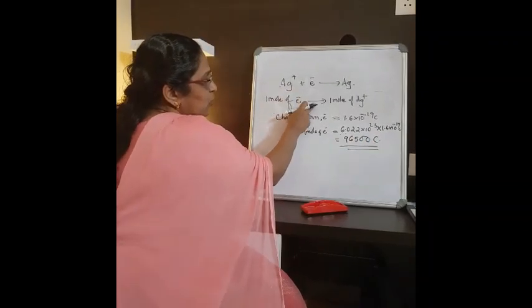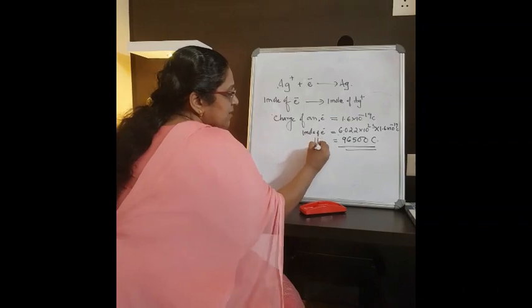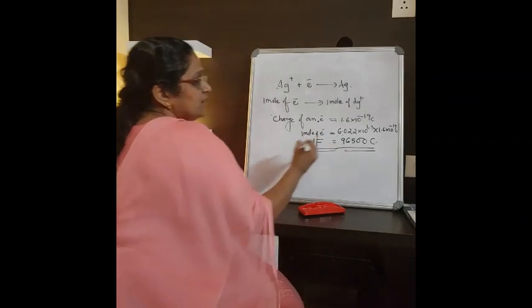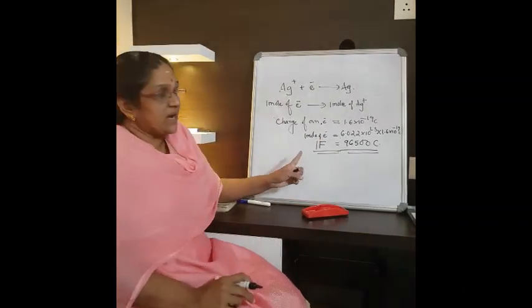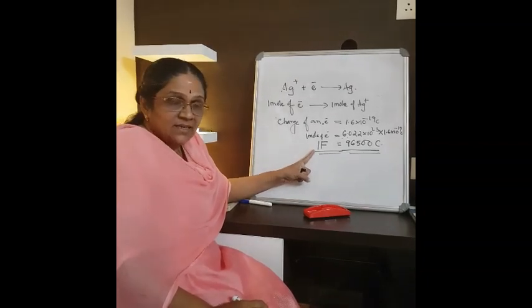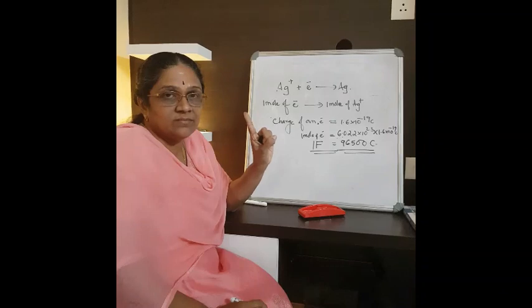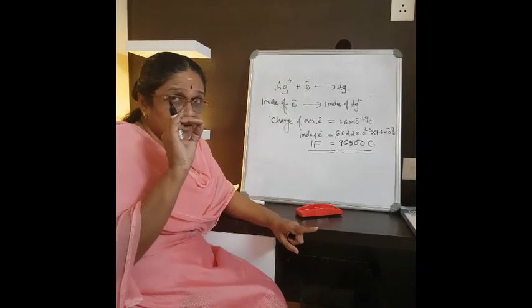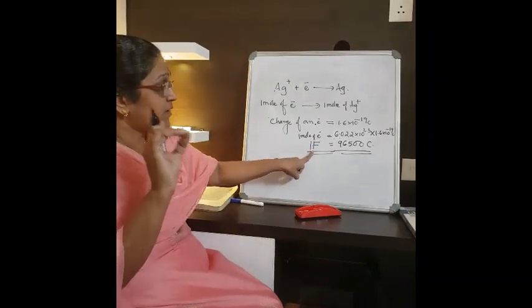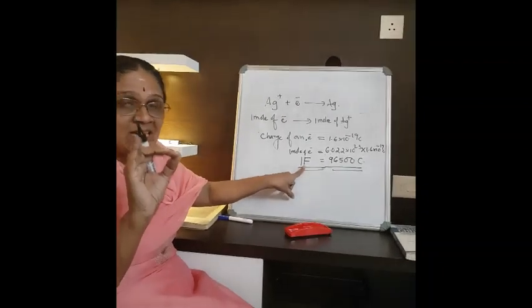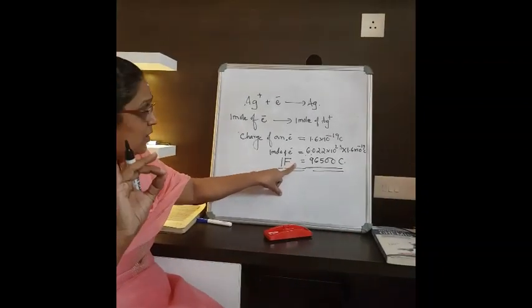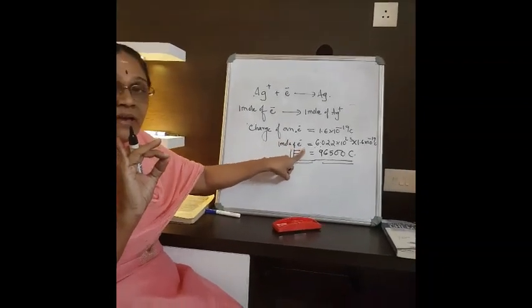This is for 1 mole, and this comes to be 1 Faraday. Listen, what is 1 Faraday? 1 Faraday is the charge of 1 mole of electrons. Very, very carefully remember, 1 Faraday is the charge required for 1 mole of electrons.